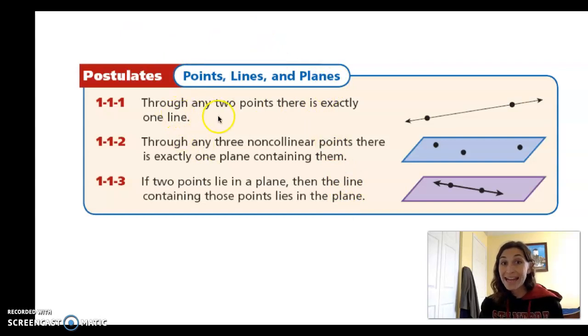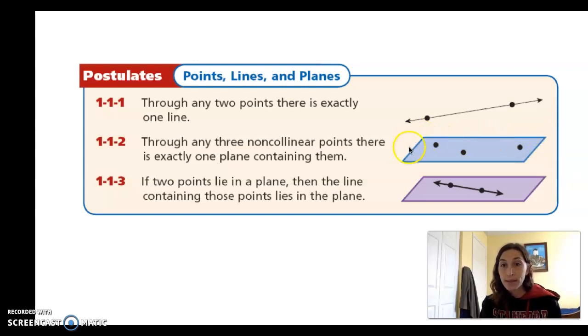So here are postulates. Here are things we know are true. So through any 2 points, there is exactly 1 line, like we've been seeing. We always had 2 points, and we were always able to draw a line in between 2 points. Another postulate, through any 3 non-collinear points, there is exactly 1 plane containing them. So if I have 3 points, I know I could, if I wanted to, draw a plane around 3 points.